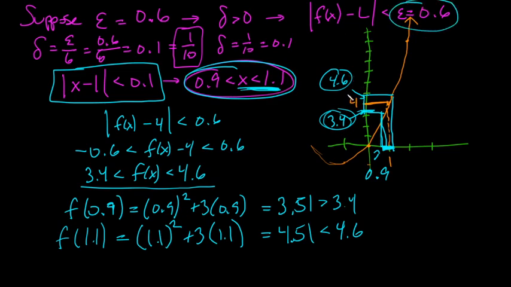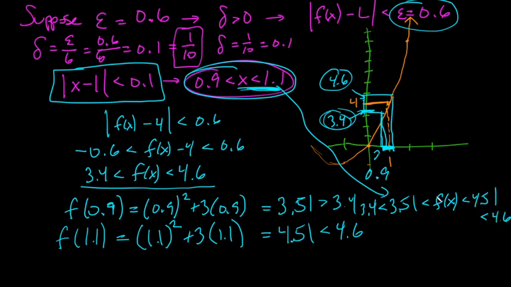So it can be as big as 4.6 or as little as 3.4. And in fact, we know it's actually going to be even more constrained, even further inside that interval. With this interval, we know our f of x will actually be between 3.51 and 4.51. But that's certainly contained in the interval from 3.4 to 4.6.